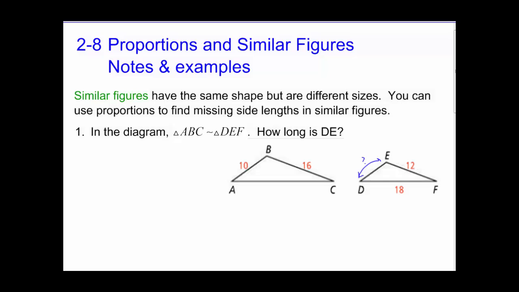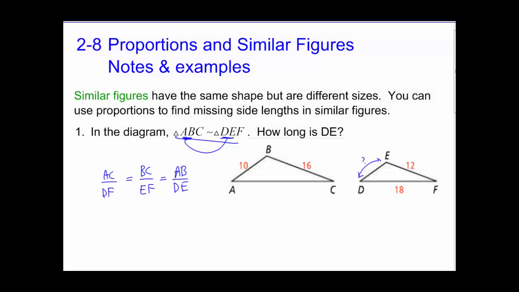If we look back at the very beginning of the problem, we know that DE should match up with AB. So AB over DE should have a ratio equal to BC over EF, or we could also do AC over DF.